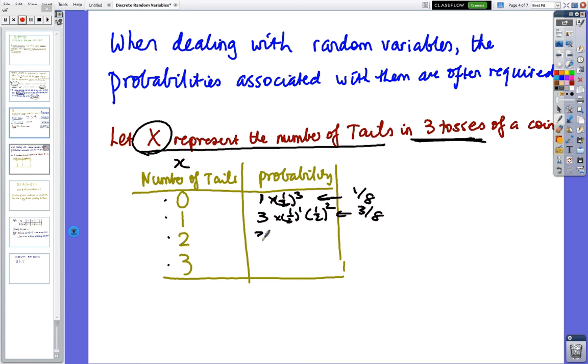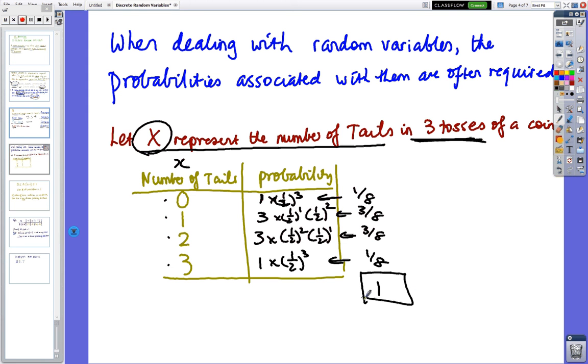There are 3 ways of getting 2 tails, and then you need 1 head, and that's 3/8 again. And there's 1 way of getting 3 tails, and that's 1/8. Those numbers add to 1. So that's an example of a probability distribution.